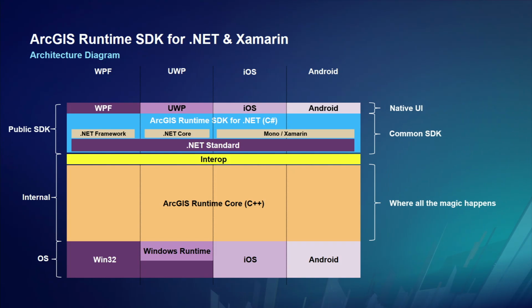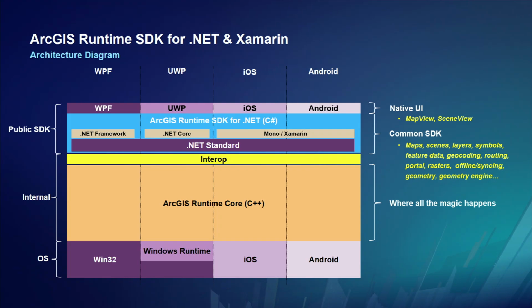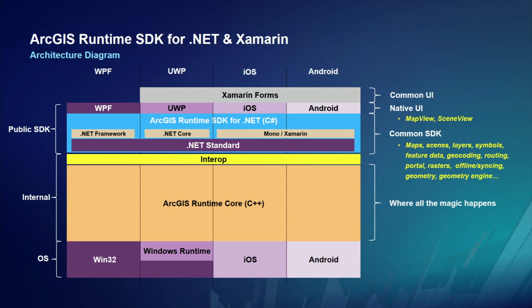And then you write your UI in WPF, UWP, iOS or Android projects using either the .NET WPF API or UWP API, or it could be Xamarin Forms as well for a common API.